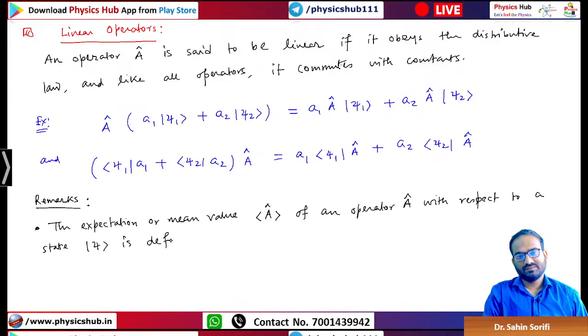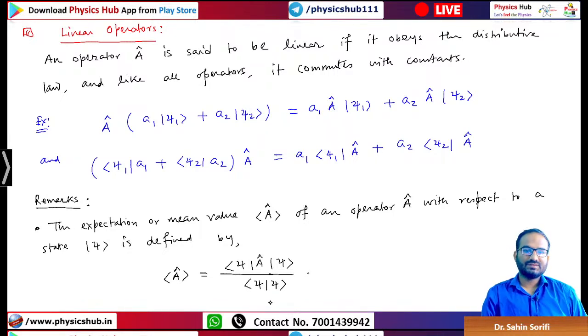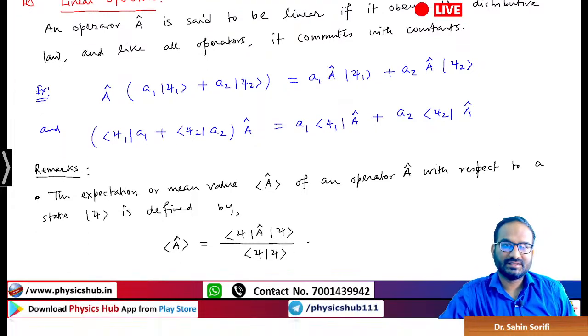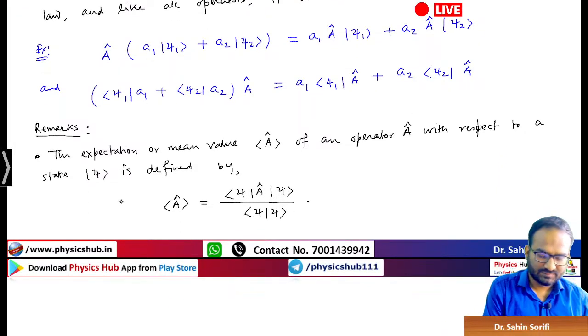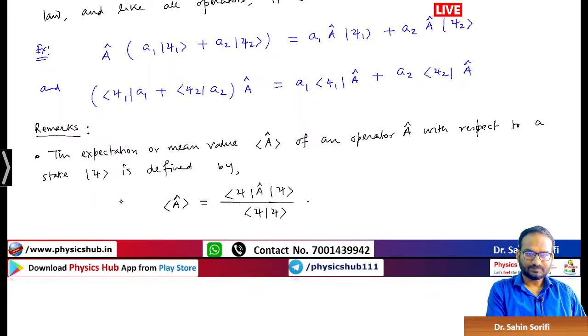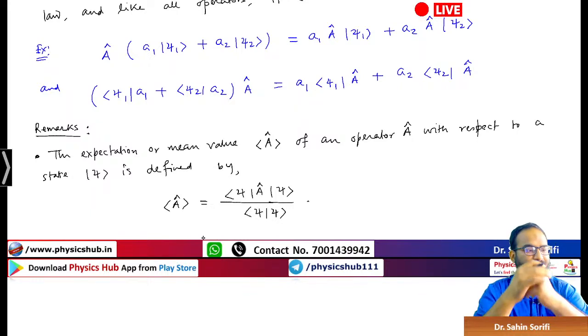It is defined as the mean of A equals bra psi A ket psi divided by bra psi ket psi. This is a very important formula. The expectation value of an operator with respect to some state psi is defined in this way.